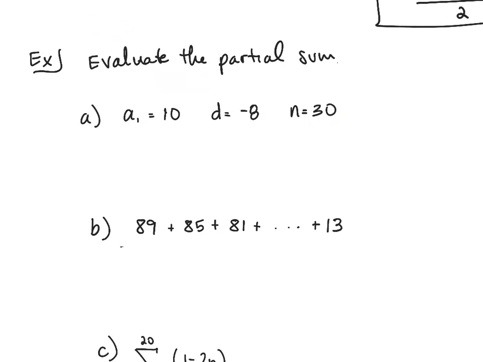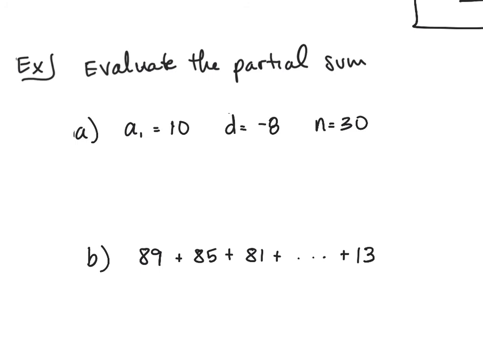So let's start with part A. The sum of the first 30 terms is going to be the number of terms that we're adding together, which is 30, and then we're going to multiply that by the sum of the first term. We don't know the last term there.